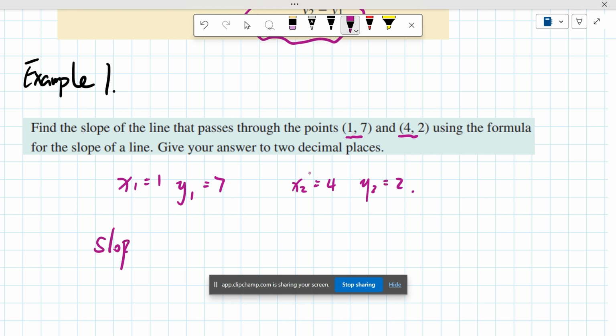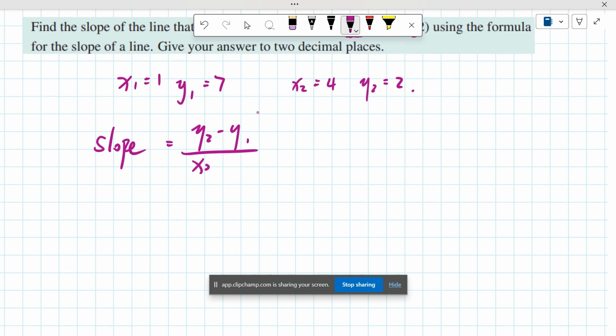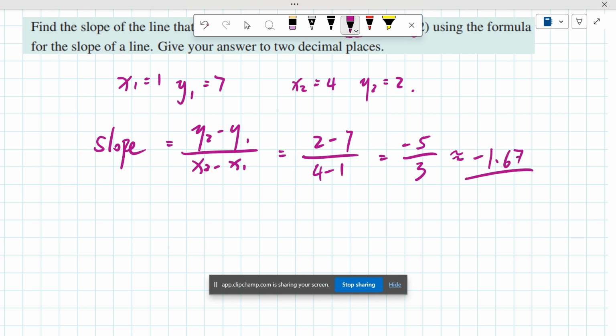So the slope equals y2 minus y1 divided by x2 minus x1, which means 2 minus 7 over 4 minus 1. That equals negative 5 over 3. If I change to decimal, that equals negative 1.67. Perfect.